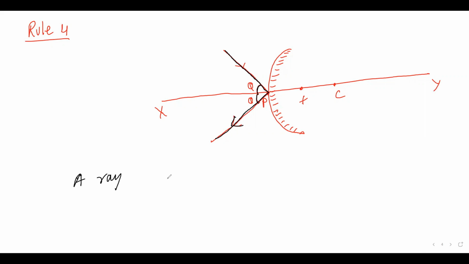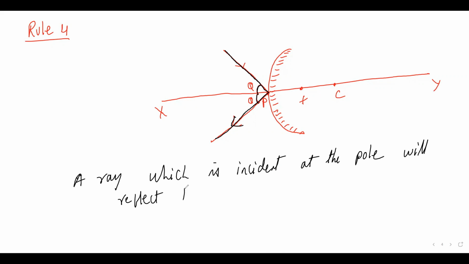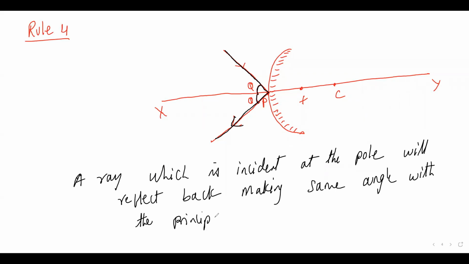A ray which is incident at the pole will reflect back making same angle with principal axis. These are the 4 rules.